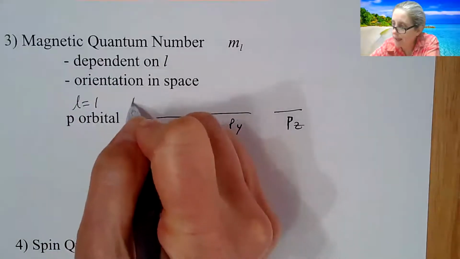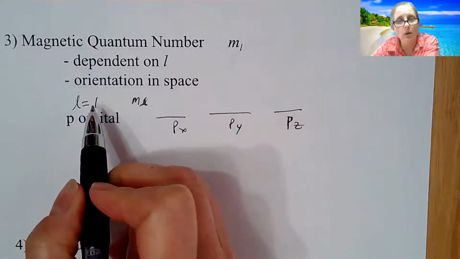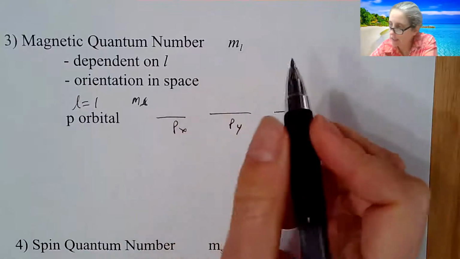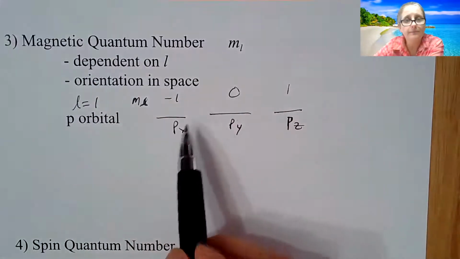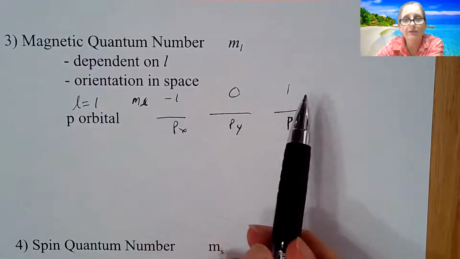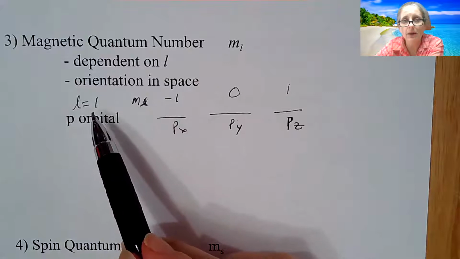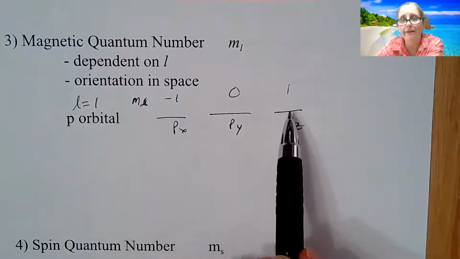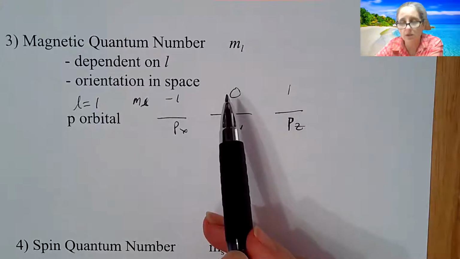So my ML for my orbitals is going to depend upon this 1. So maybe this is -1, this is 0, and that is 1. So what I have are 3 different MLs, magnetic quantum number, dependent upon how many slots do I have. So since I have 1, I could go plus or minus 1, and I could go 0.